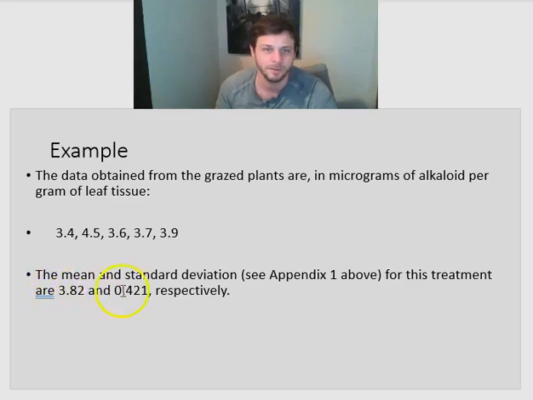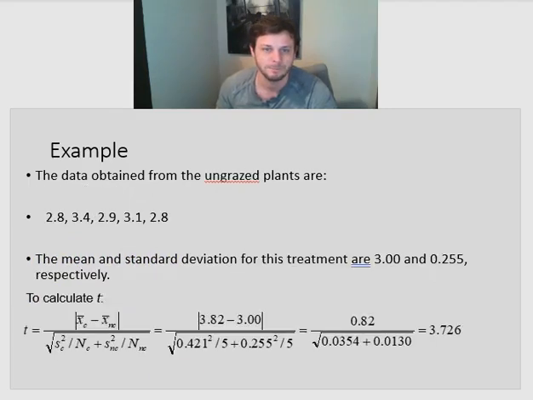If you look, we keep the same significant figures. All right, and then for the ungrazed plants, we get 2.8, 3.4, 2.9, 3.1, and 2.8. Standard deviation and mean for this group is a mean of 3, standard deviation of 0.255.